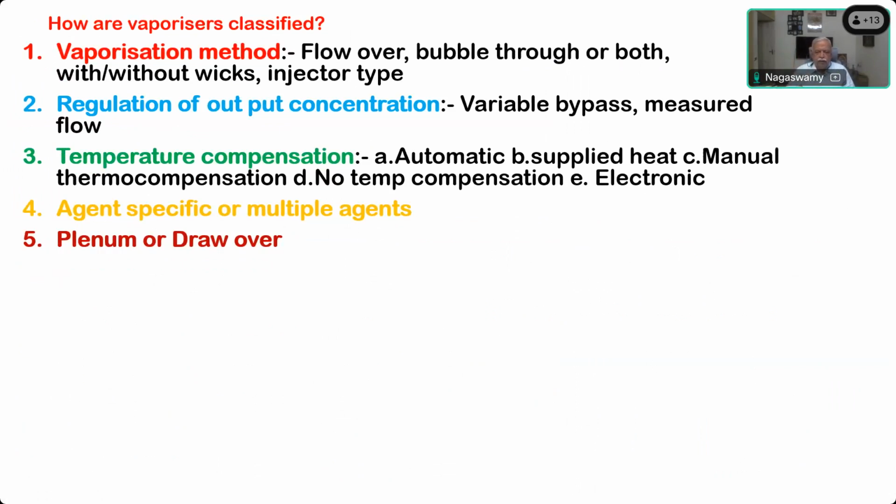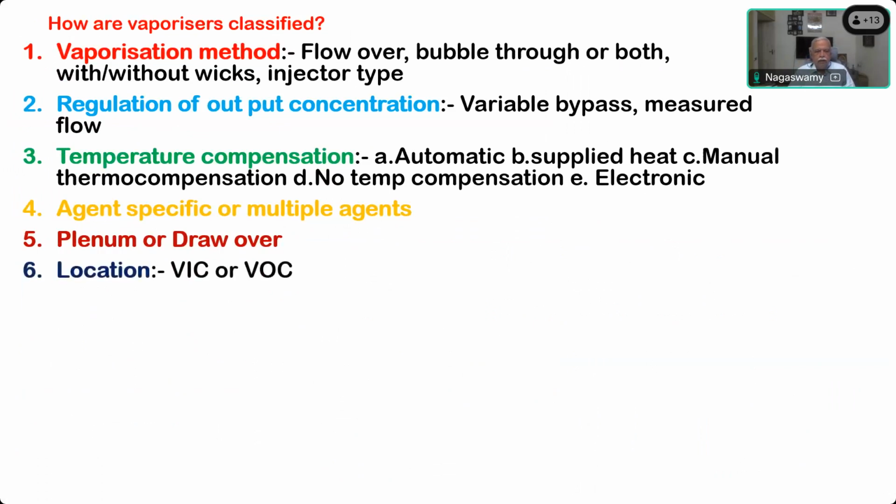If you remember the earlier slide, I have put both, because if you are using spontaneous respiration, the patient's inspiratory negative pressure will suck the gases and bring them over into the vaporizer. That is called draw over. Whereas if you are using controlled ventilation, the flow coming from the flow meter directly, because of the higher pressure there, will enter the vaporizer. That is called the plenum vaporizer. Okay. So those are the two methods.